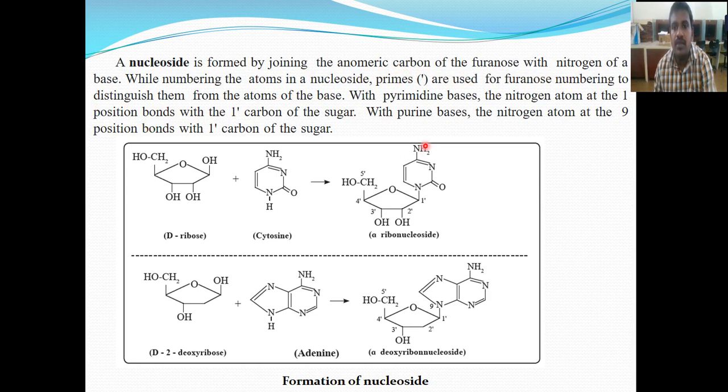For pyrimidine bases, the nitrogen atom at the first position bonds with the first prime carbon of the sugar molecule. For purines, the nitrogen atom at the 9 position bonds with the first prime carbon of the sugar molecule. So this is about the formation of nucleosides.